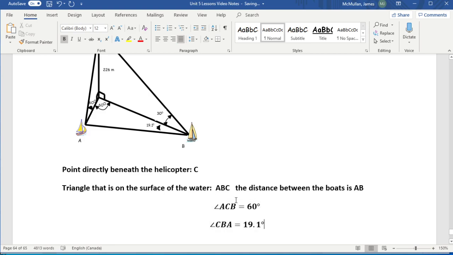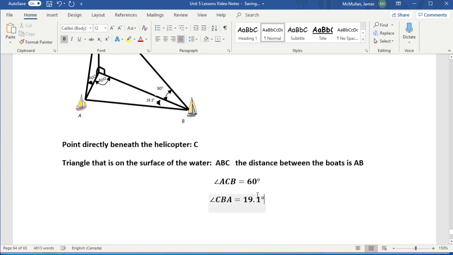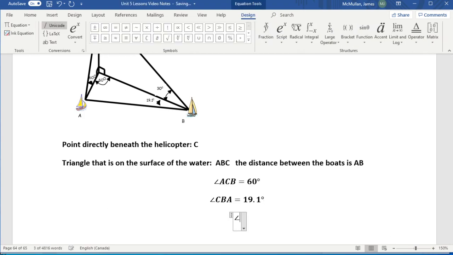We also know the third angle: angle CAB would be 180 minus 60 minus 19.1, which is 100.9. I think I have that right. So we know the three angles.